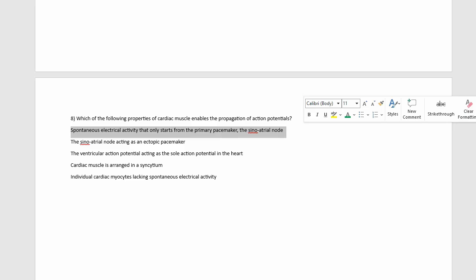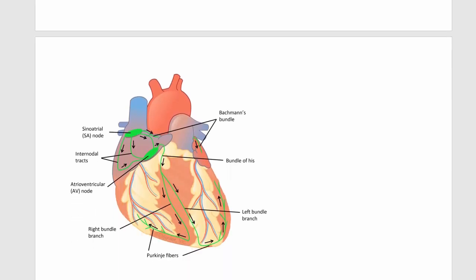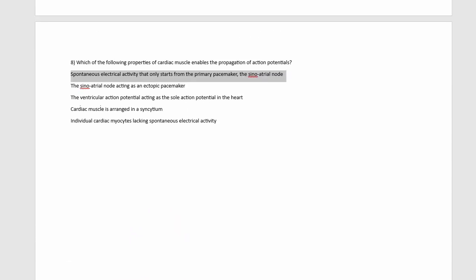So think of the bundle of His and the Purkinje fibers. So if the normal electrical conducting pattern is compromised, the bundle of His and the Purkinje fibers can help propagate it forward. So this would be an incorrect statement because it doesn't only start from the primary pacemaker. So we can cross that one out.